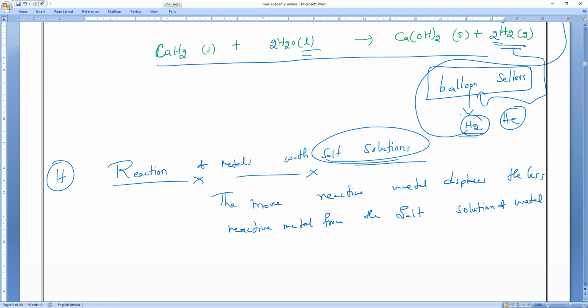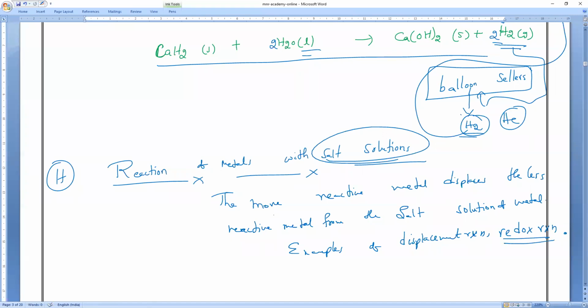These reactions are examples of displacement reactions, with ionic exchange. It is also an example of redox reactions.